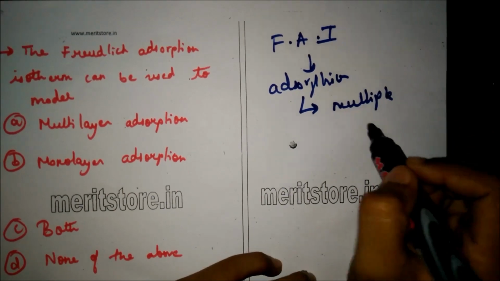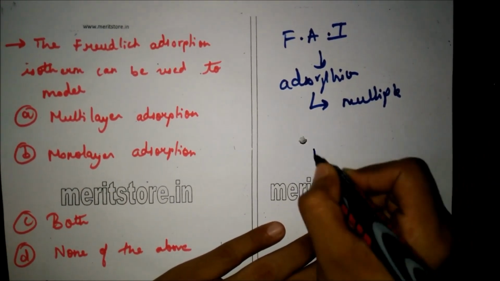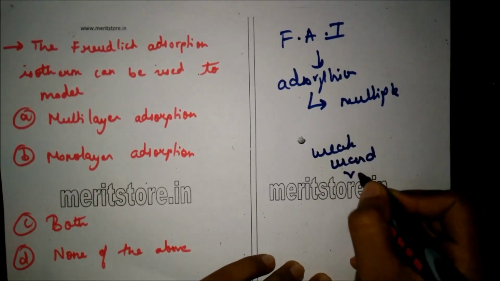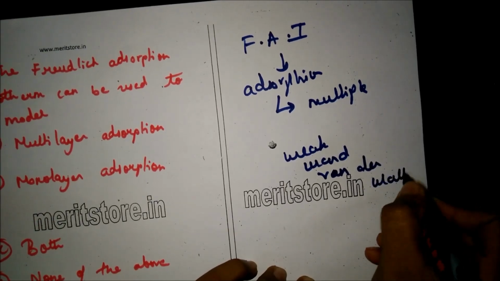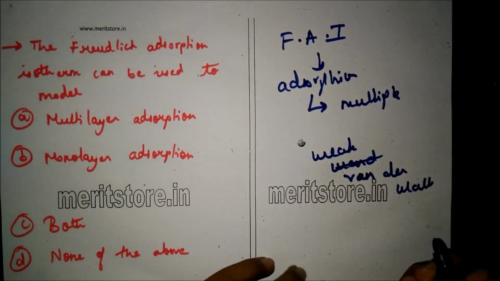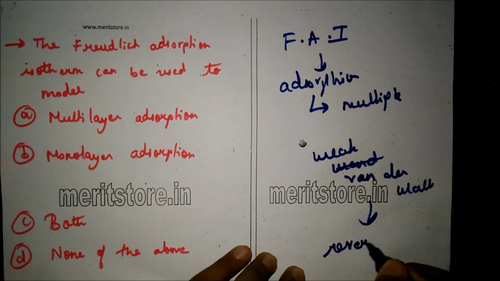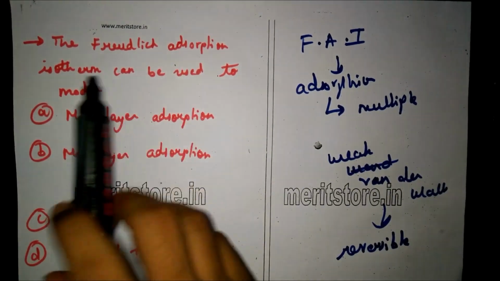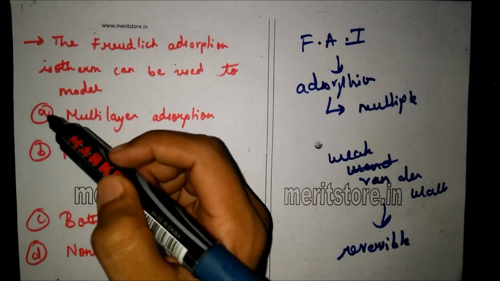Now, why does this multiple adsorption happen? This type of adsorption occurs through weak van der Waals forces between the two materials, and it is usually reversible. Therefore, due to Freundlich adsorption, multilayer adsorption occurs. Therefore, the correct answer is option A.